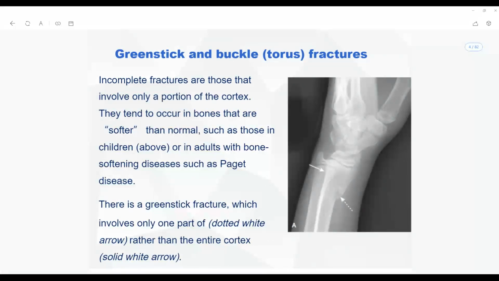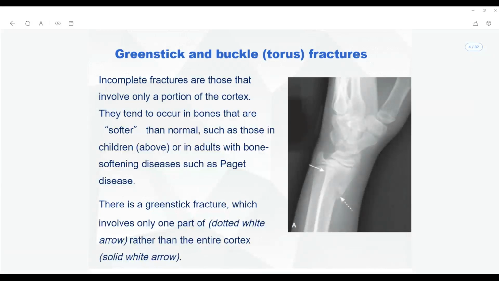When I'm trying to analyze a bone, I have to make sure that the epiphysis, the metaphysis, and the diaphysis of the bone are included in my x-ray. And I also include one joint, either the one present proximally or the one present distally.